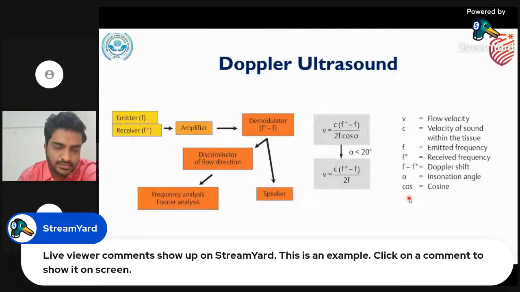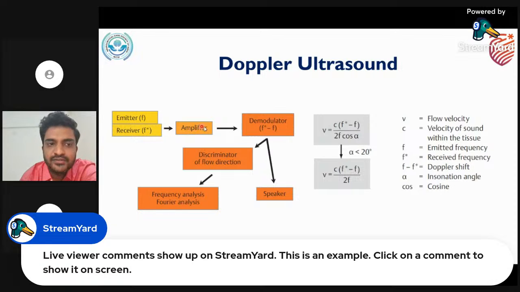As most of you will be aware about the Doppler ultrasound and how the velocities are calculated, it's basically based on this formula which is mentioned here. So how does the machine do this? It basically emits two frequencies, a frequency called F and F star. F star is the frequency which is reflected back from the tissue inside the body.